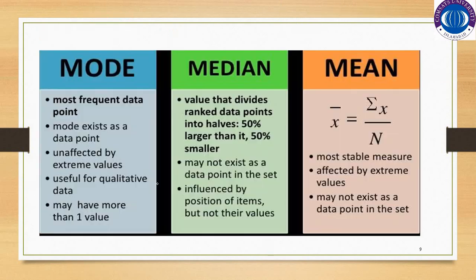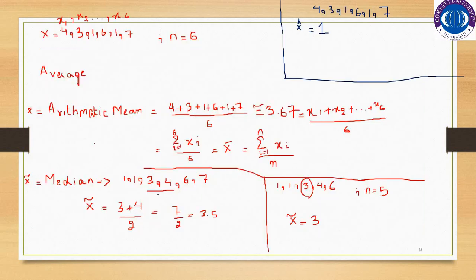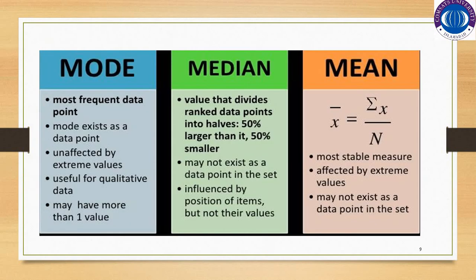It is influenced by the position of items but not their values, as we always take the middle values of the data set. If it is even, then we take the arithmetic mean of the middle two values, and if it is odd, we take the middle value of the data set.